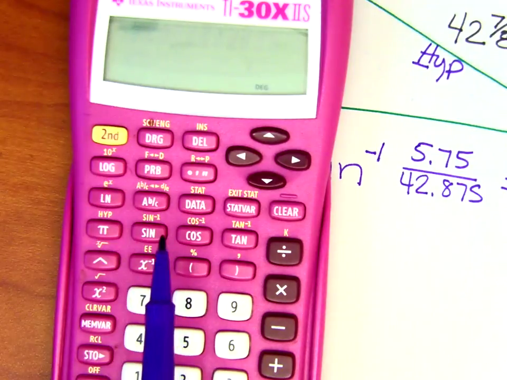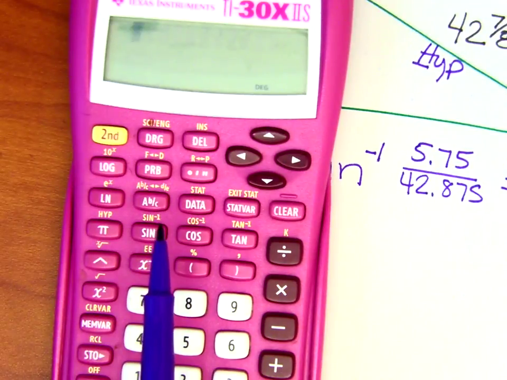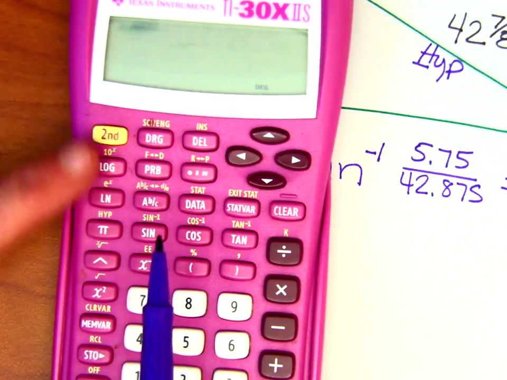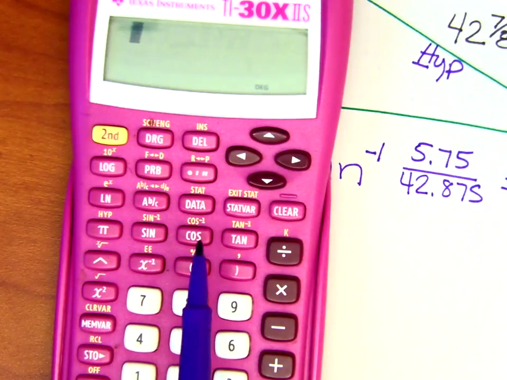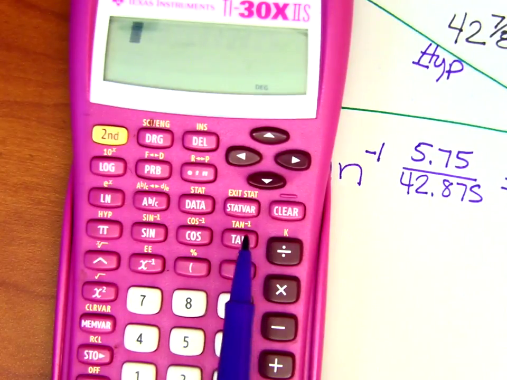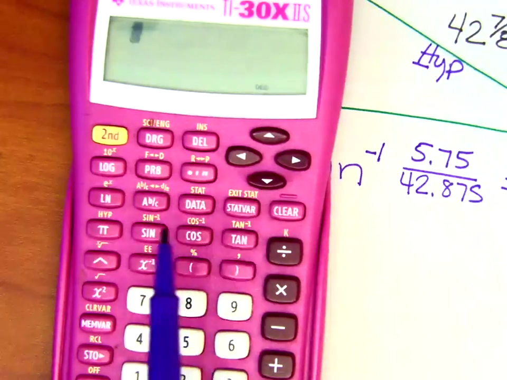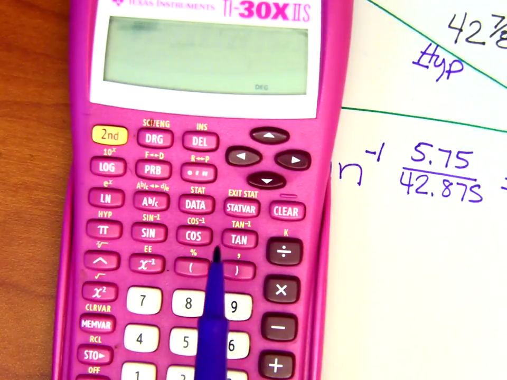If you look above the sin button, there's a sin with a -1. We're going to access that by hitting the second key button first, and then we push the sin button. That will bring it up. Notice that above the cosine button there's a cosine with a -1, and then for the tangent, there's tan -1. Those three functions are for finding angles, and that is for inverse trigonometry, what we're doing right now.